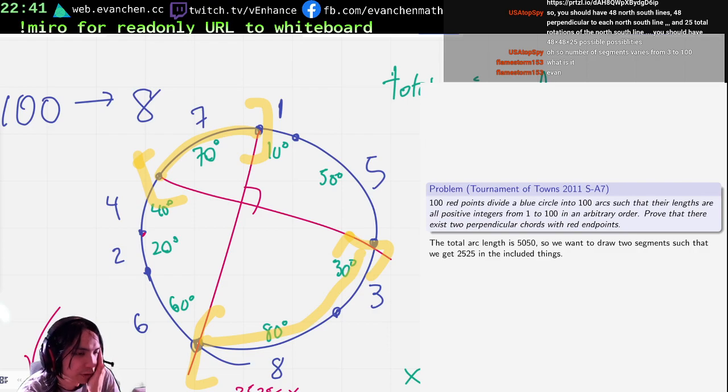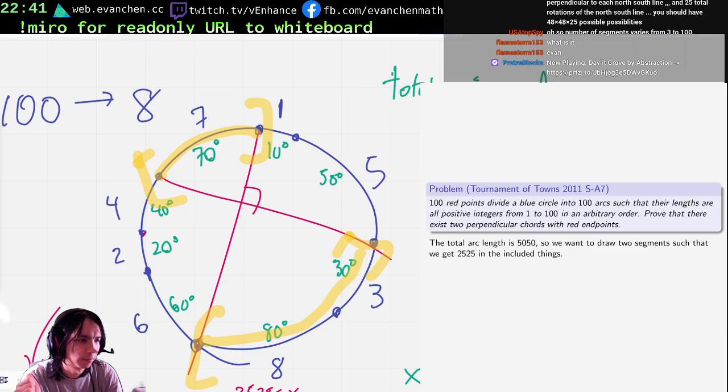Number of segments varies from 3 to 100. The lengths of the segments vary from 1 through 100. Well, sorry, lengths of the arcs.